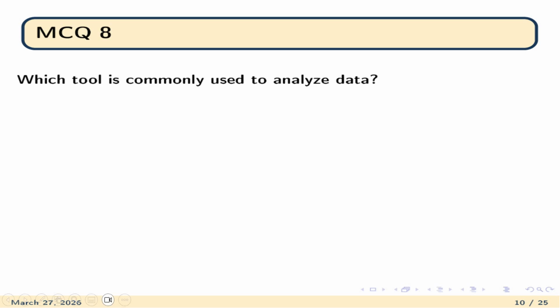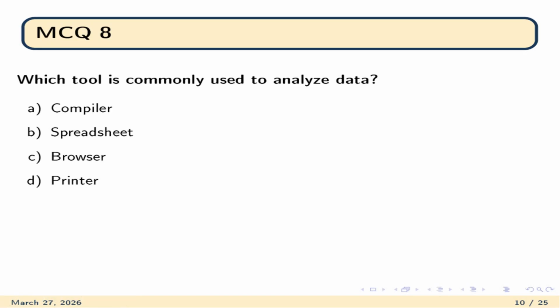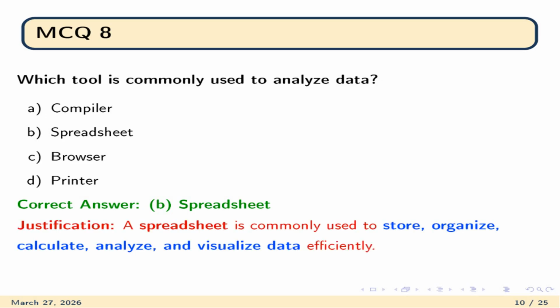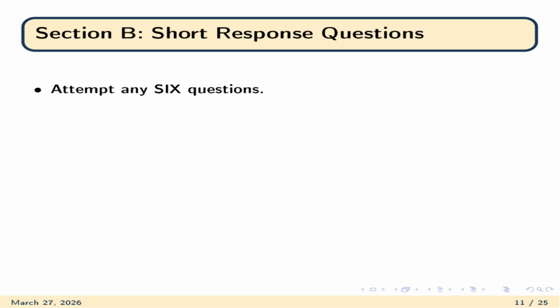Which tool is commonly used to analyze data? Compiler, spreadsheet, browser, or printer? The correct option is spreadsheet. A spreadsheet is commonly used to store, organize, calculate, analyze, and visualize data efficiently.